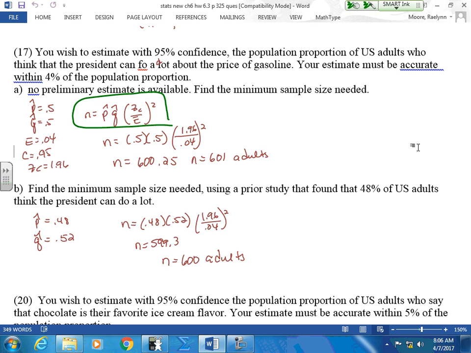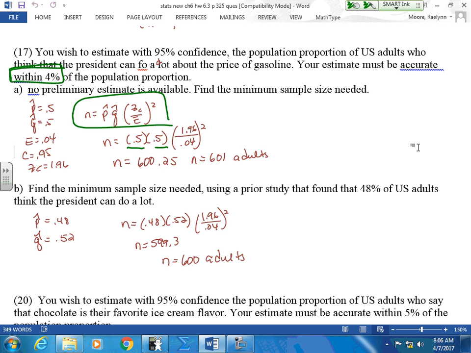My margin of error comes from this, within. Within means 4% this way, 4% that way. Make sure you put your 4% in decimal form. We don't have any formulas that actually use a percent. There's no percents on your calculator, right? You can't say 4%. You have to say 0.04. When we start, we don't know any previous information, so our preliminary estimates are 50-50, 0.5, 0.5.